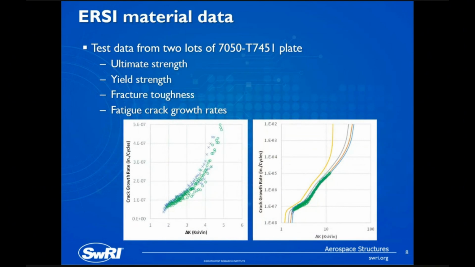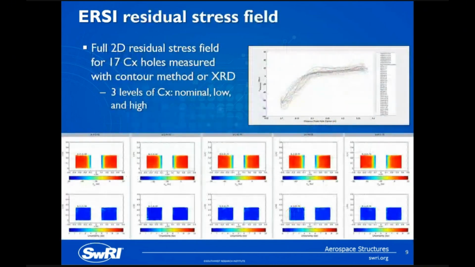There were a handful of different folks who entered analyses into this round robin, and each of the entrants were given a few different aspects of the problem. So you can see the material data, strengths, toughness, fatigue crack growth rates. We also were given measured residual stress fields. So for 17 different holes, the residual stresses were measured with either the contour method or with X-ray diffraction.